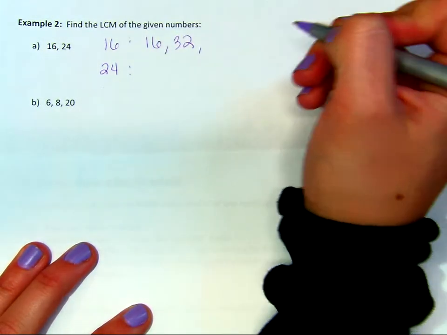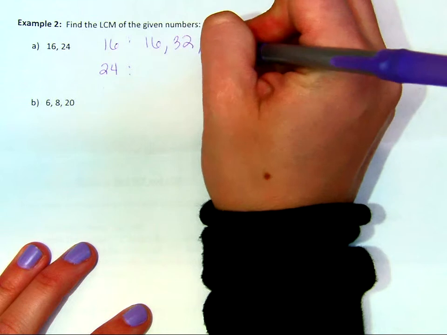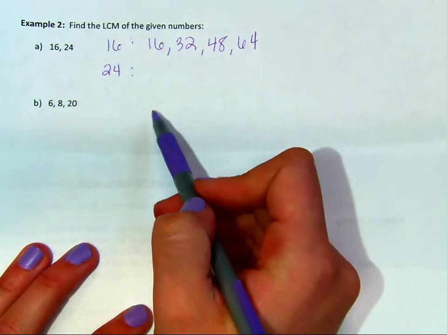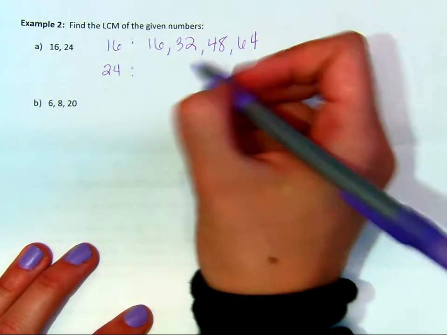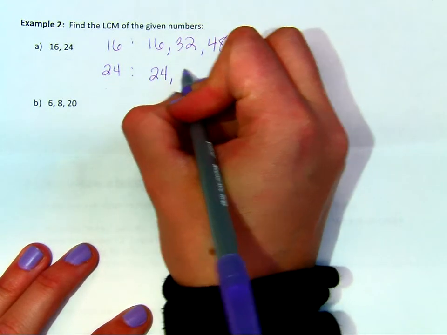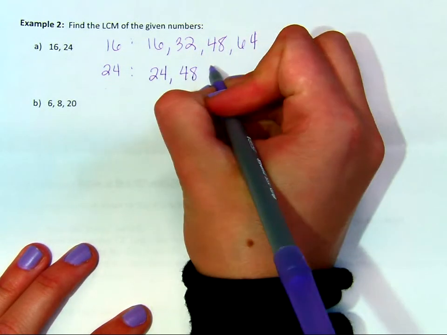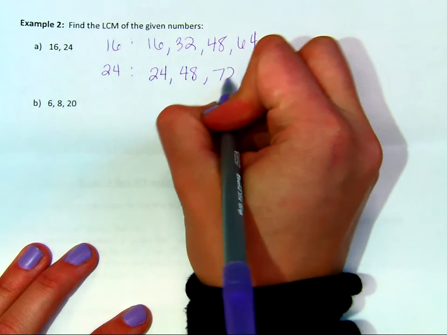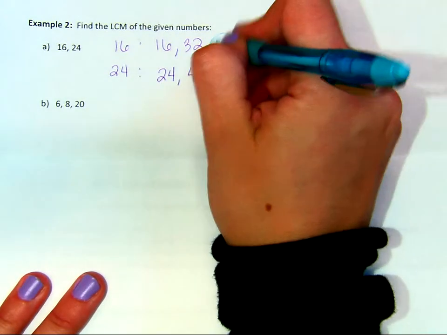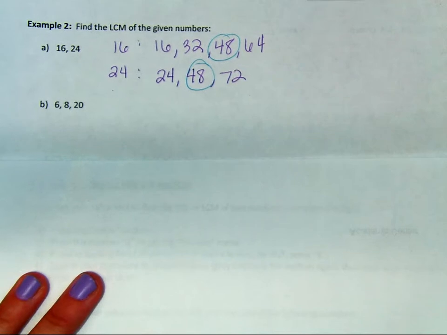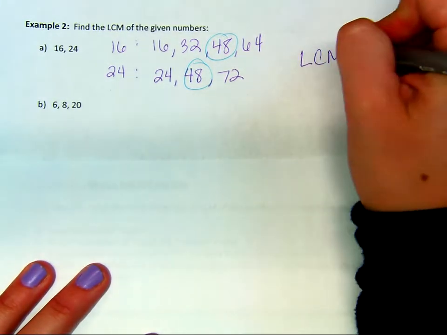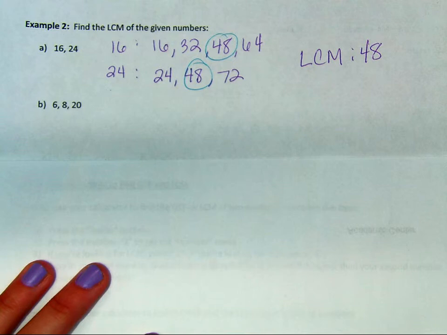Add another 16, I get 48. Add another 16, I get 64. And then for 24, the multiples of 24 are 24. Add another 24, I get 48. Add another 24, I get 72. But actually, I can stop there because I notice that there's an overlap. There's a 48 in both lists. So that is my LCM. It's the smallest multiple that they have in common.